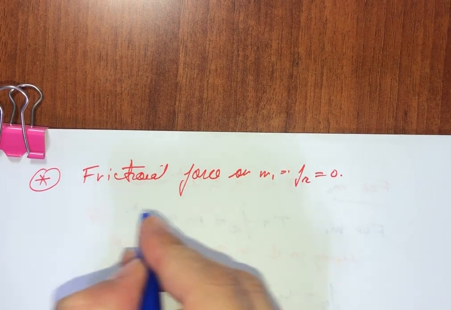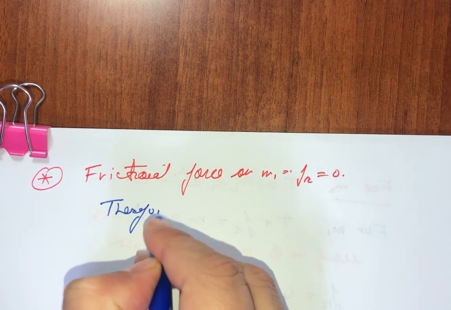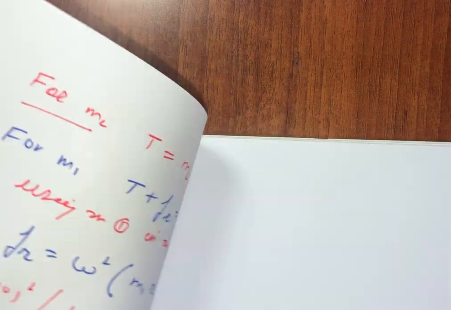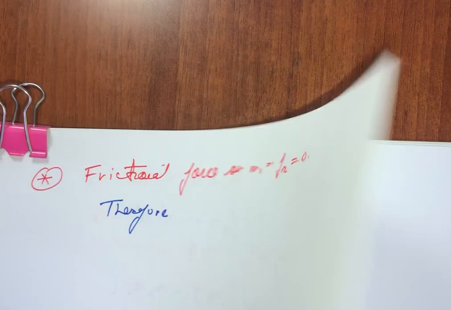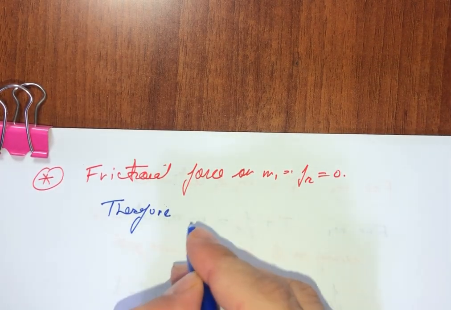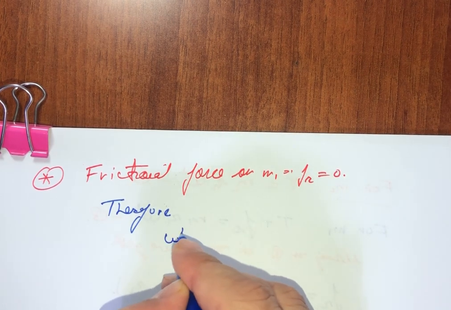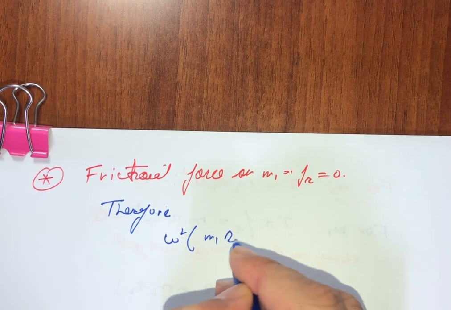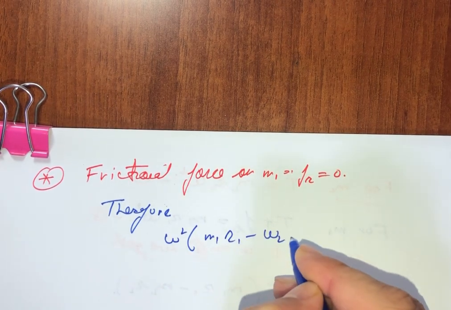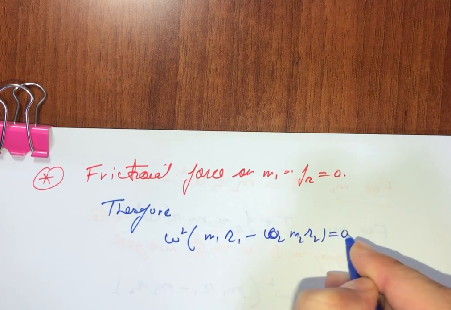And under this condition, if Fr is 0, we already know the equation of Fr, that is this equation. So substituting here, we get omega square into m1 r1 minus m2 r2 is equal to 0.